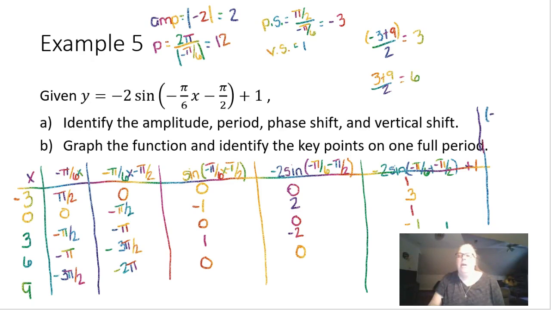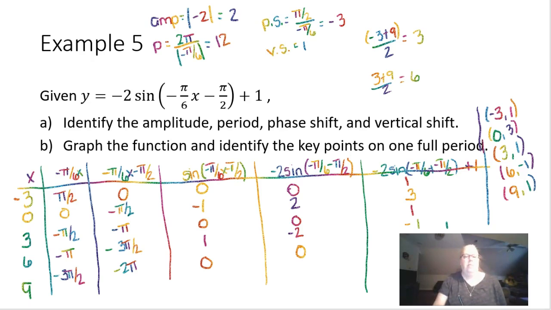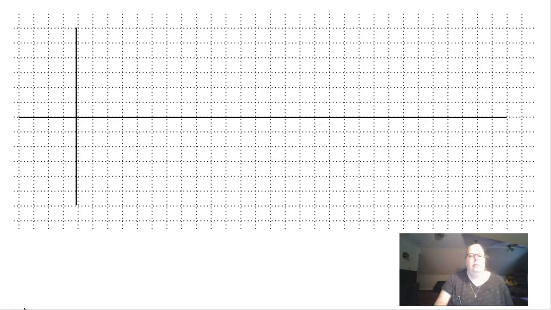The points I'm going to graph: negative 3, positive 1. 0, positive 3. Positive 3, positive 1. Positive 6, negative 1. And positive 9, positive 1. All right, let's go to the graph paper. Okay, so let's see. Negative 3 is going to be right here. This is 0.